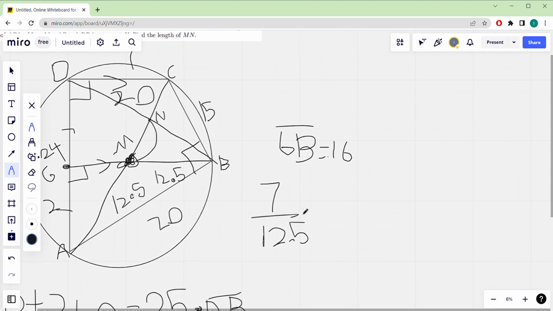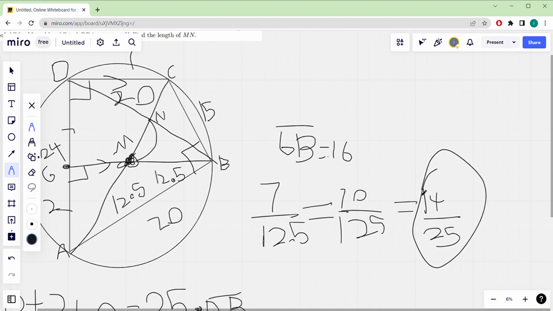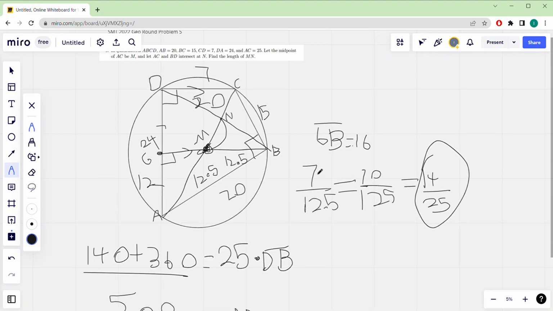And then we can just simplify this. 70 over 125. And this is just congruent to 14 over 25. So this is a similarity ratio between DCN and NMB.